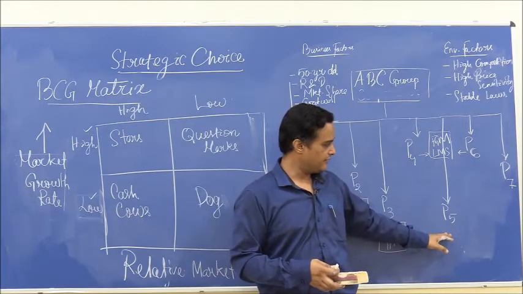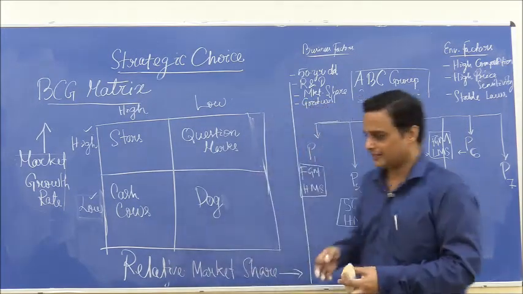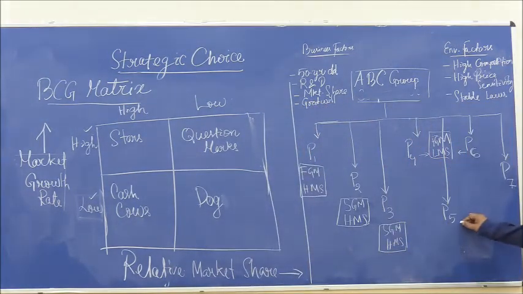And P5 and P7 we are putting in the last bracket, and that is they are operating in a slow growing market and their own market share is also low.